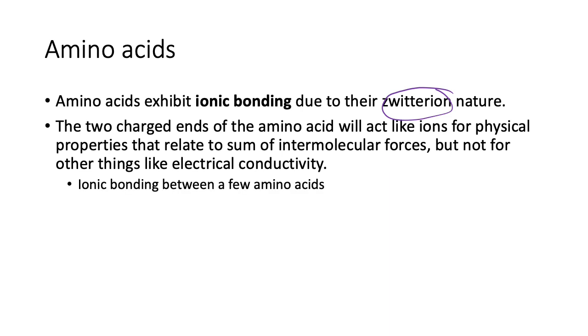All right. So let's just show the ionic bonding between a few amino acids. Amino acids can have ionic bonding, where you've got the negative end there and the positive end there. And so therefore you're going to have ionic bonding between that amino acid there and the next amino acid and its positive end there.